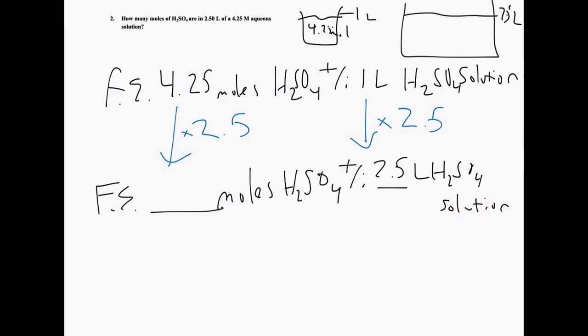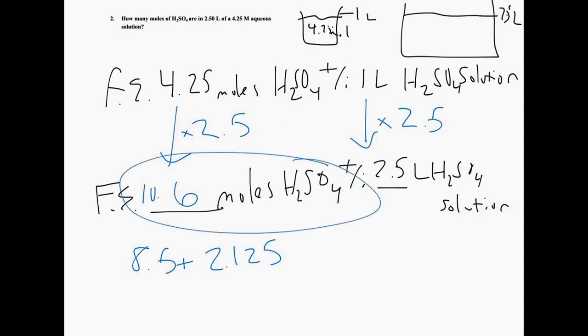So 4.25 times 2 would be 8.5. And then half of 4.25 is 2.125. So if I add those up, that comes out to be 10.625, which would be 10.6 once we round to sig figs.